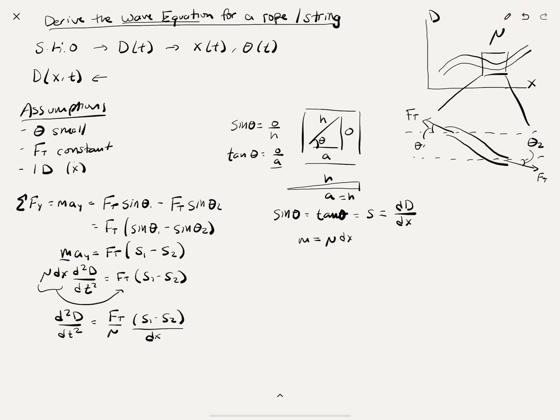This difference divided by some infinitesimal length is just a derivative. So that is equal to F_t over mu times ds/dx, which can also be written as F_t over mu times d squared D over dx squared.